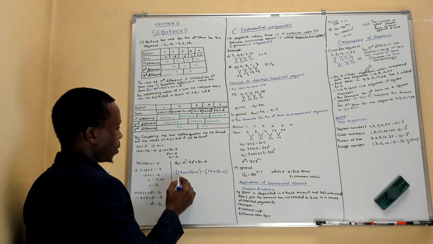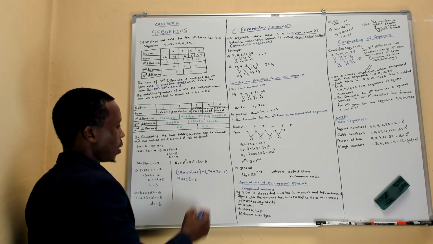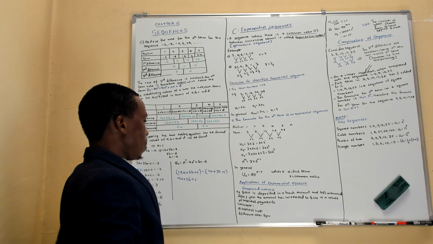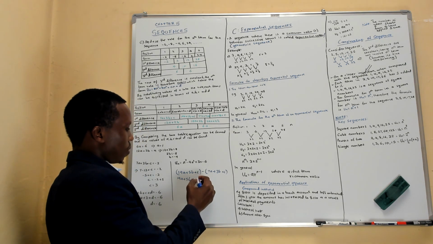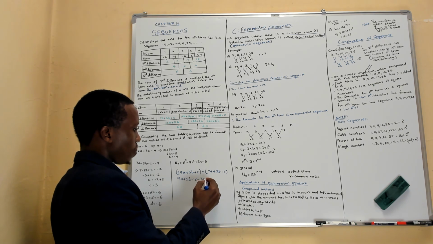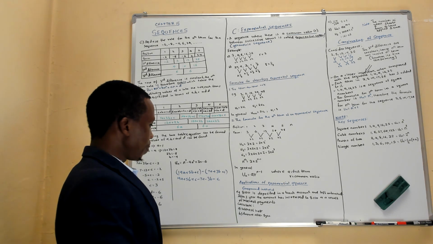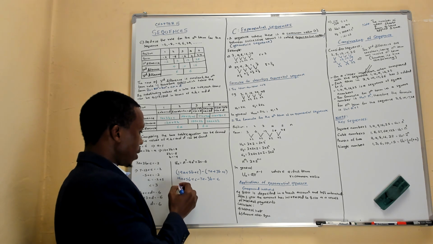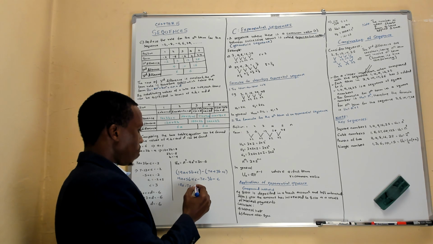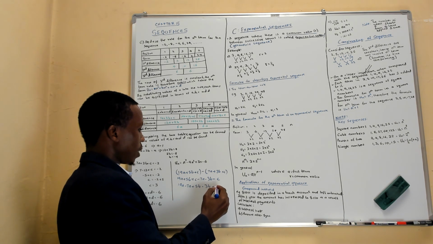I remove the bracket by multiplying whatever is inside by what is outside, so this is negative 7a minus 3b minus c. If I collect the like terms, which are 19a minus 7a, plus 5b minus 3b, plus c minus c.